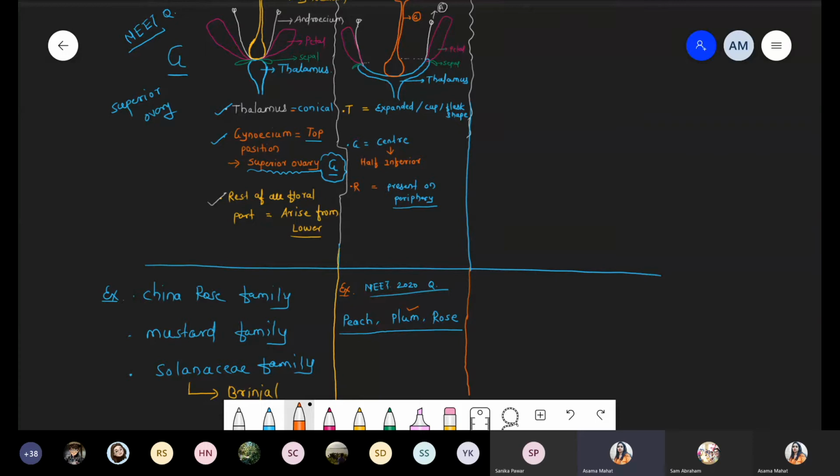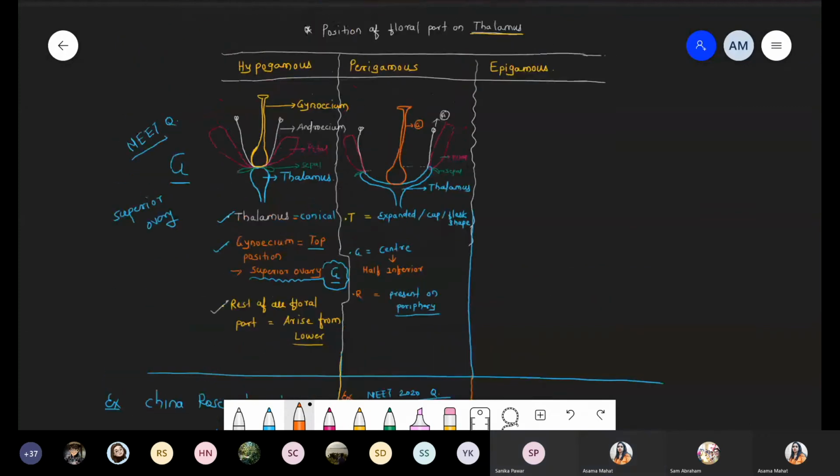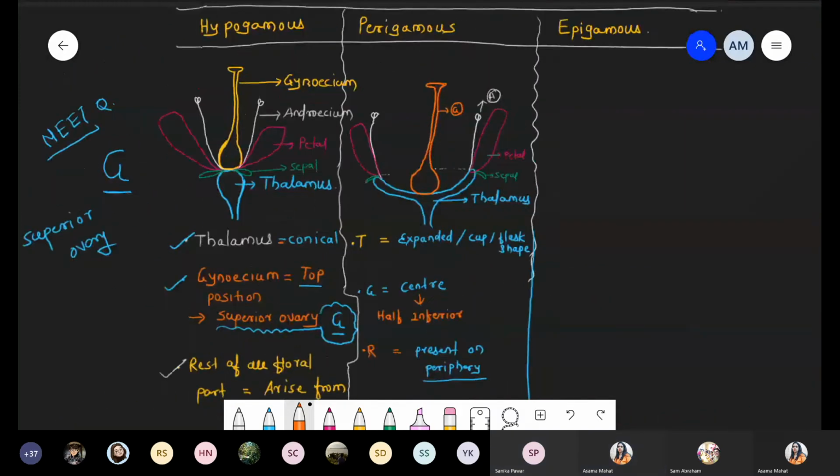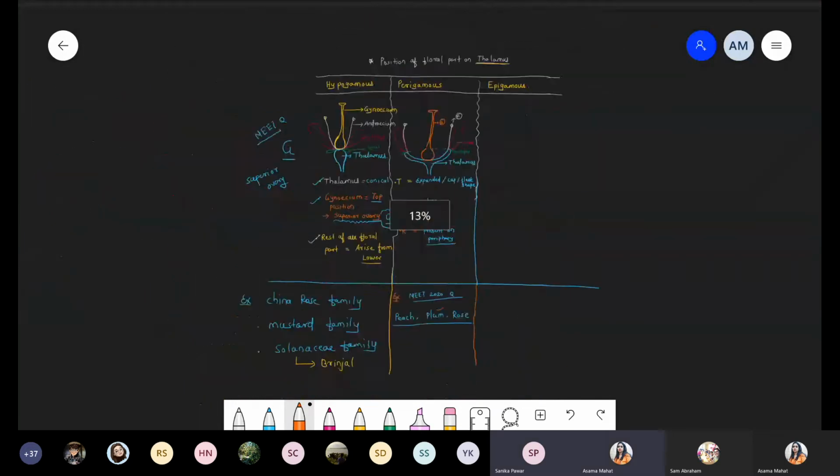Yes, is this point clear to everyone? Yes ma'am. Okay, so this was yesterday's question on Sunday. So you have to remember superior ovary. Could you please show the second diagram? Second diagram, right? Yes ma'am, thank you.